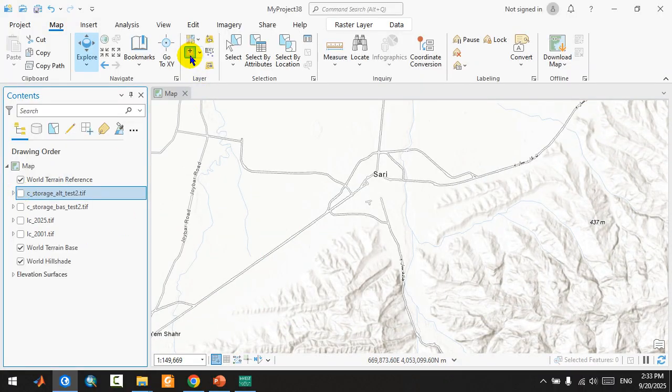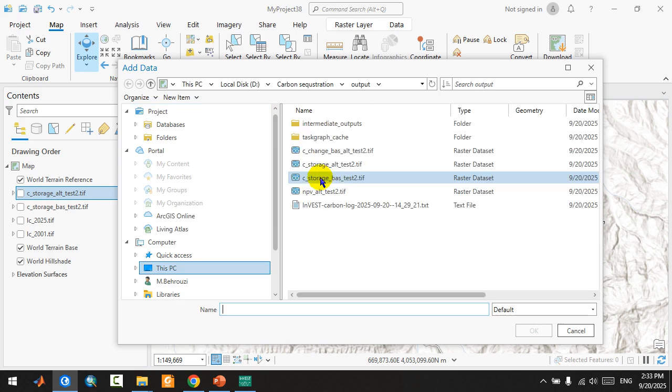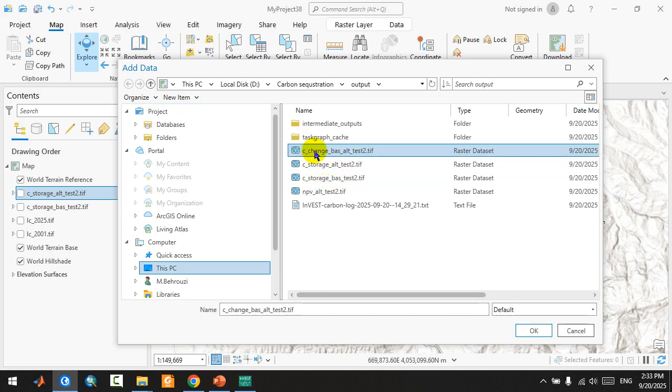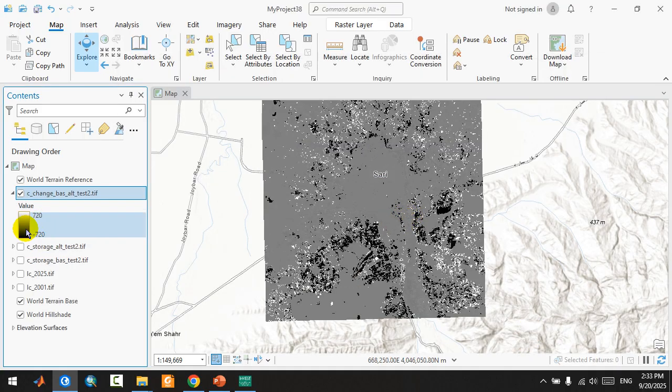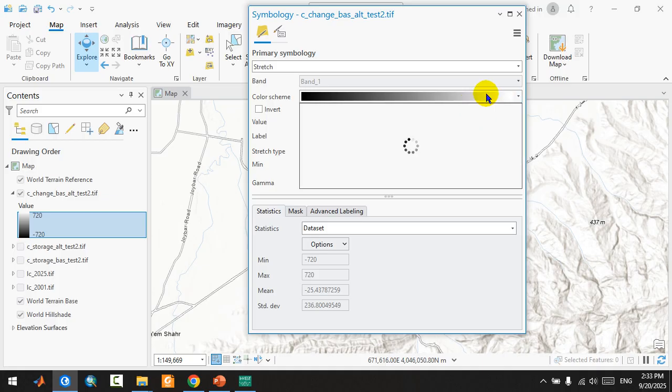Okay, and the change between the baseline and alternative over the 24 years from 2001 to 2025, the change in carbon storage, this is very important.